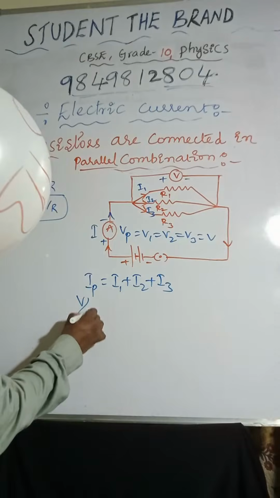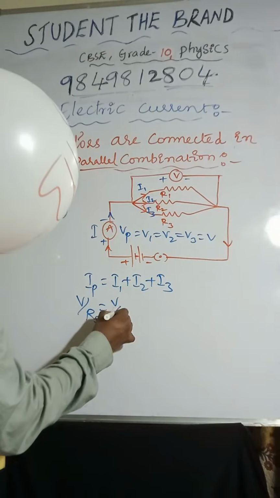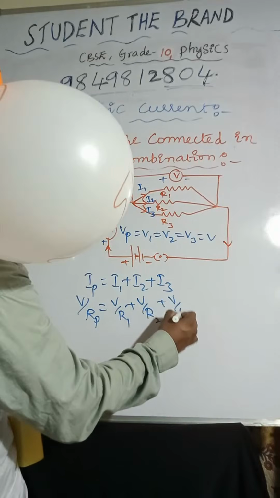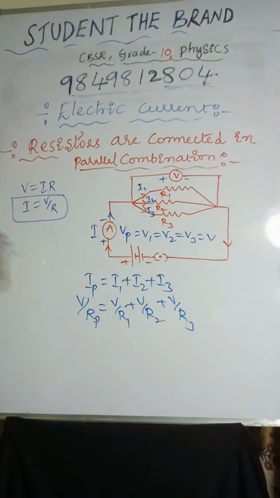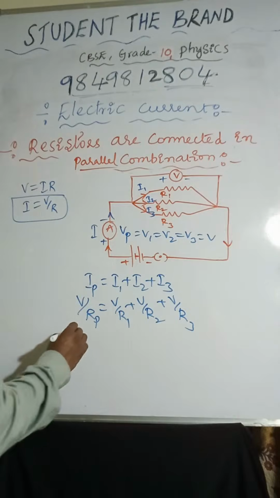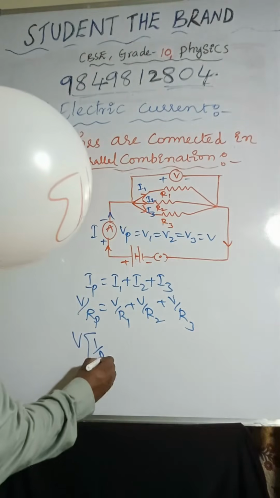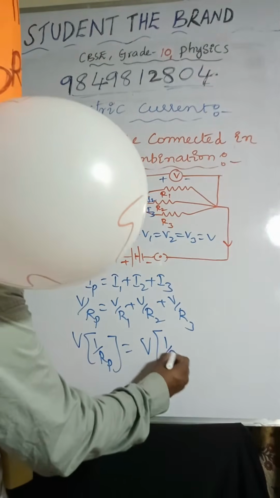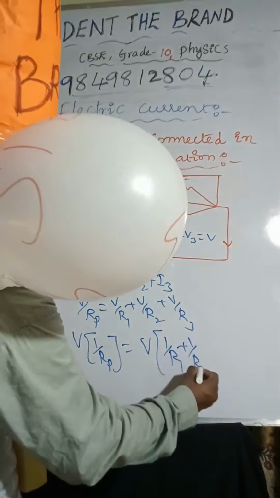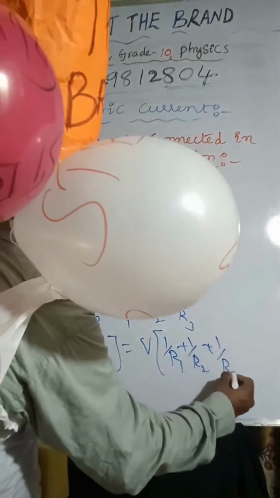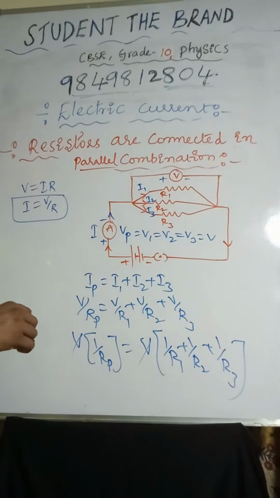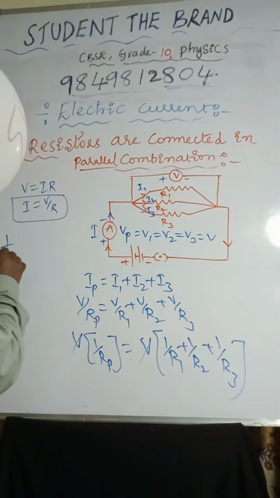That is nothing but V by Rp equal to V by R1 plus V by R2 plus V by R3. Taking V common, 1 by Rp equal to 1 by R1 plus 1 by R2 plus 1 by R3.